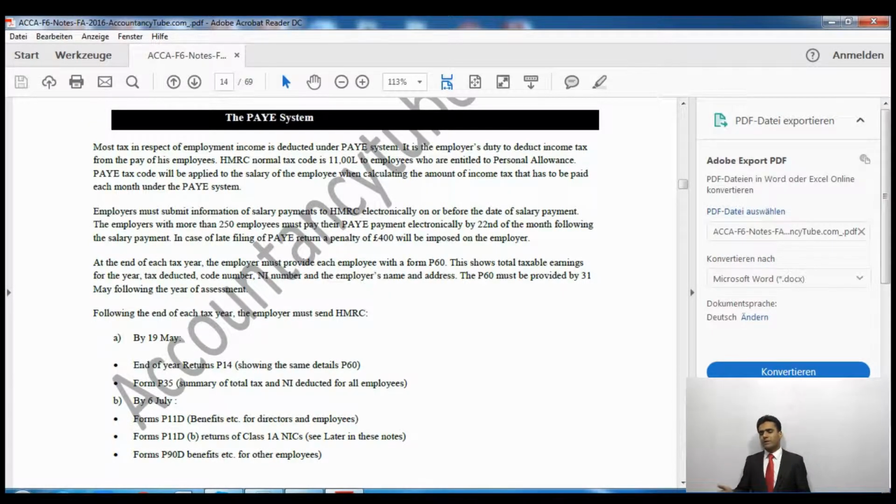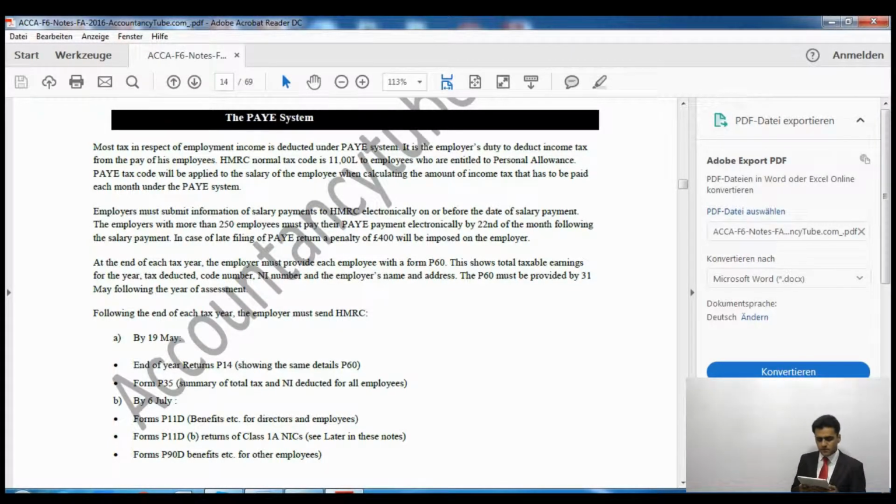All right. Now, although they have deducted my tax from my salary, what they will do with that tax, they can't keep in their own pocket. Obviously, I'm talking about the accountancy institute. So they will have to pay it to HMRC. They're collecting tax on HMRC's behalf from my pocket, and they will ultimately have to pay it to HMRC.